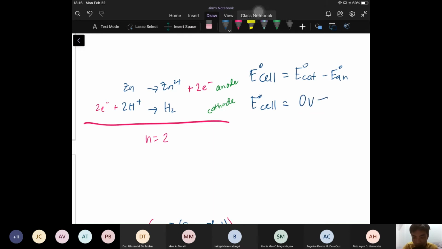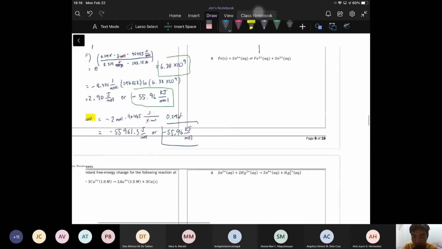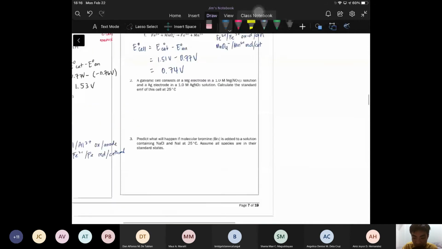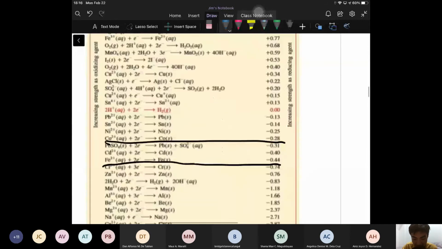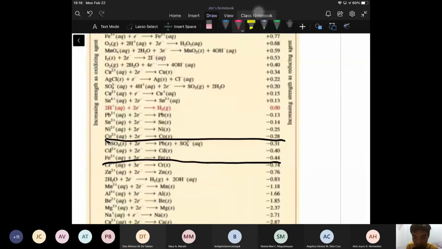And yung anode, yung zinc, hindi ko kabisado yan, tignan sa table.